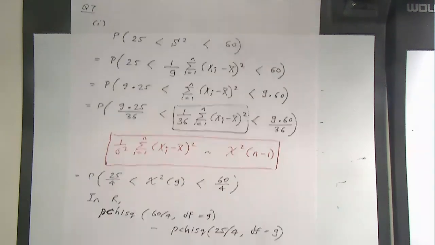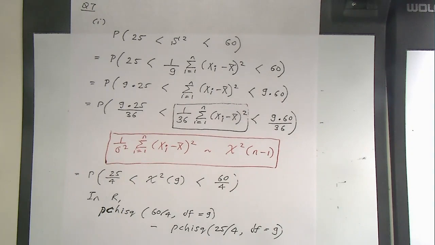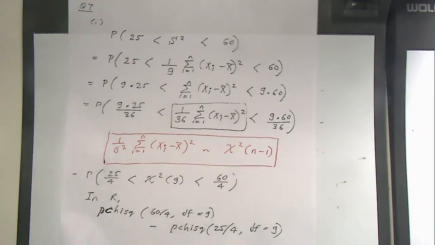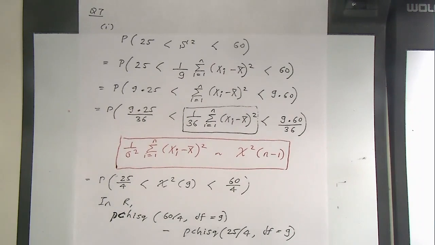So this is how you do the first part. Is this clear to all of you? You just need to remember these facts, guys. I know we did this a while ago, but you need to remember these.